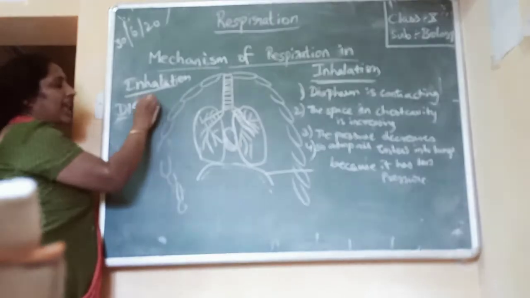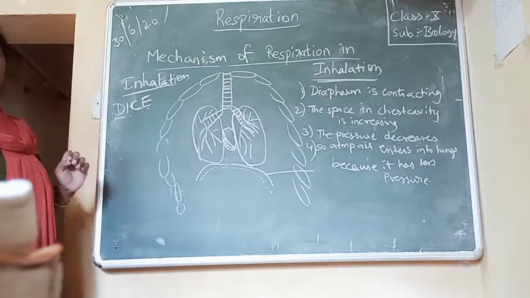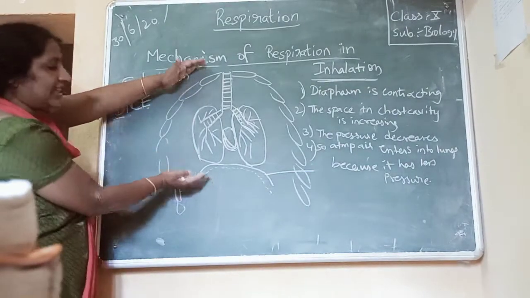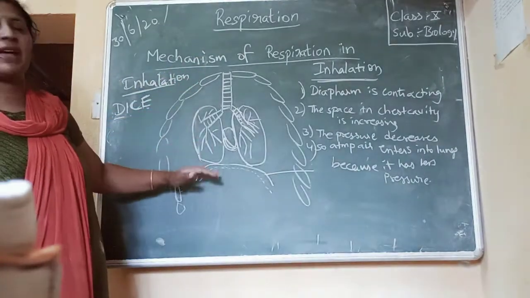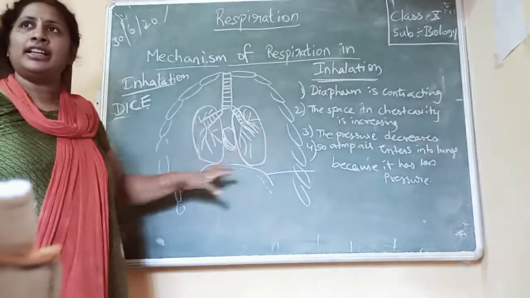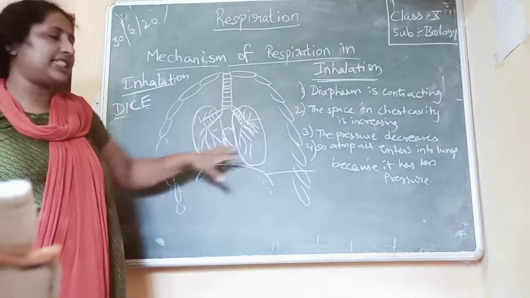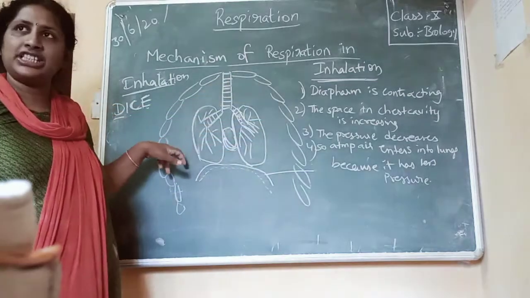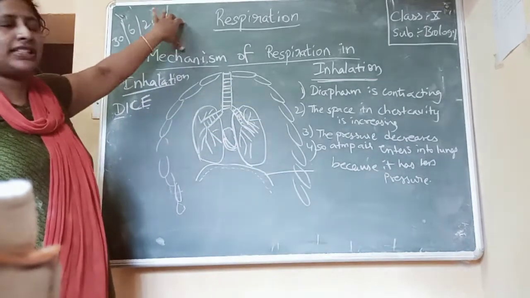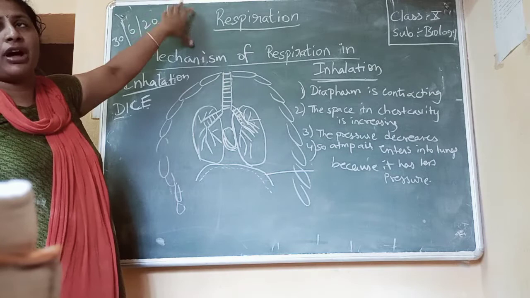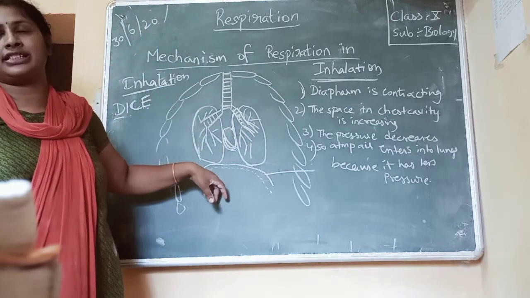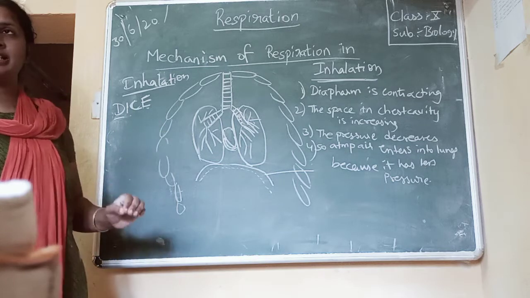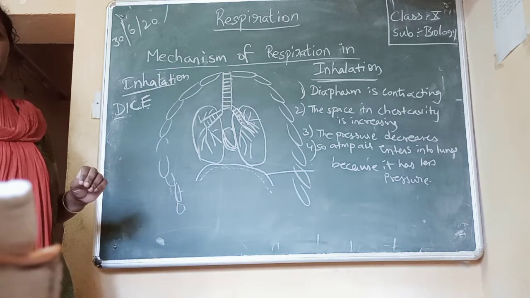So the pressure in this region is decreased. So the atmospheric air from outside enters into the lungs. In this way, air is entering into the lungs. This is the process of inhalation.